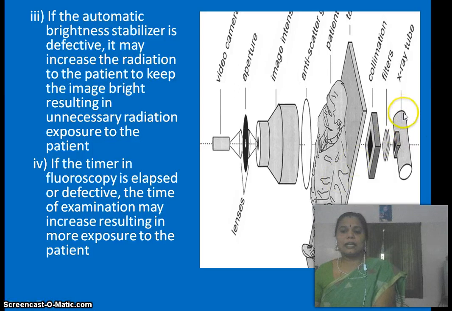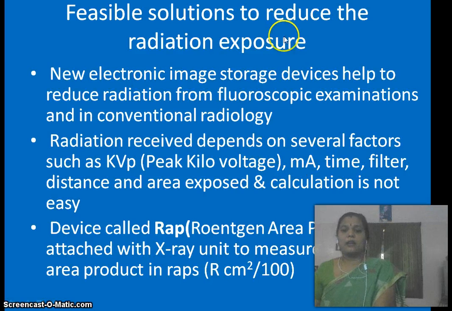And there is also a timer in an X-ray tube, and we should always check the timer, because if the timer is defective or has elapsed, the technician may not be aware of this, so the patient may have to face a large amount of unnecessary radiation. And what are the feasible solutions to reduce this radiation exposure?